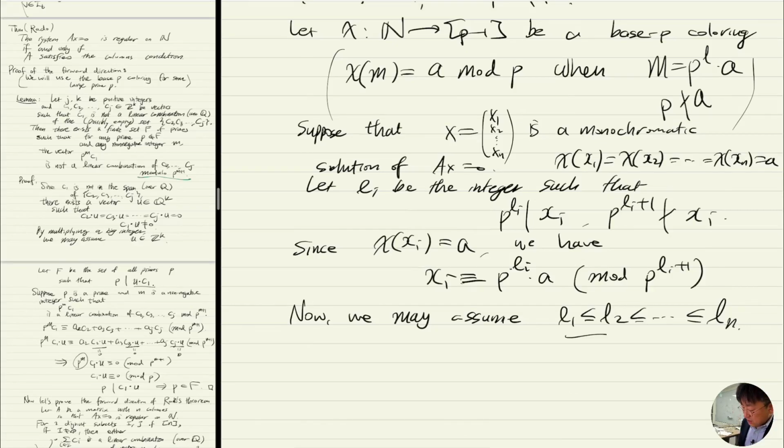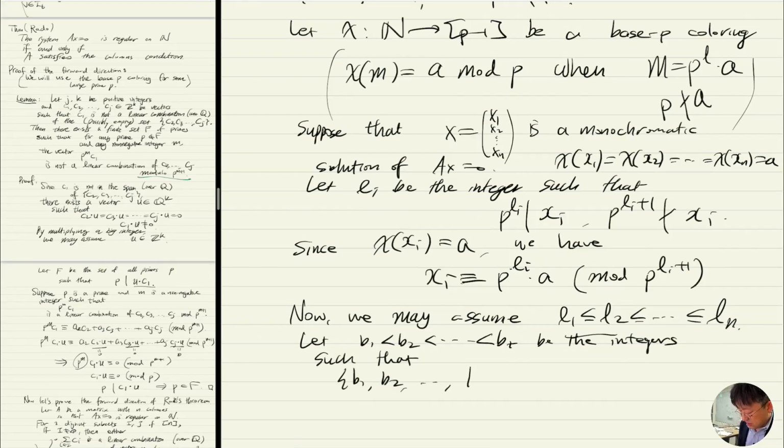Now, some of them are equal, some of them are not. So let B1, B2, up to BT be the distinct integers among them.